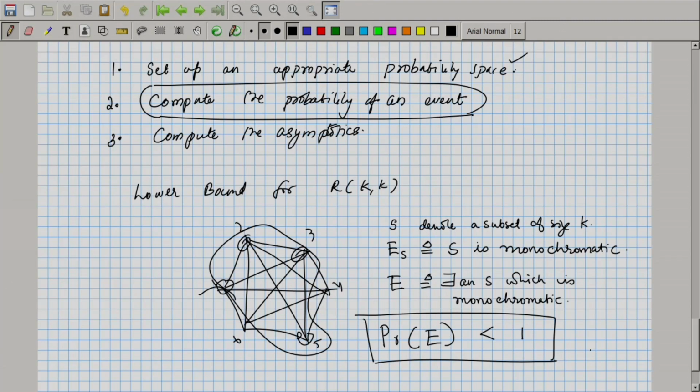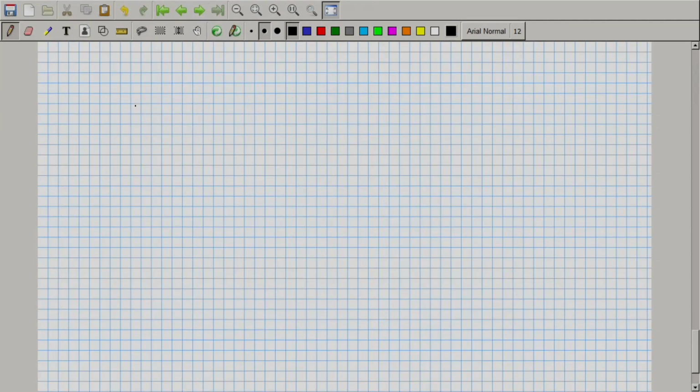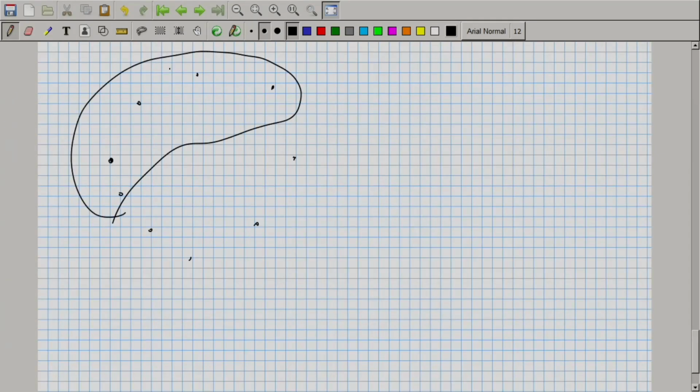Let us first compute that probability. So, this is our graph on n vertices. Let us look at this particular set S. It has k vertices in it. That means there are k choose 2 edges, and all of them could be blue or all of them could be red.